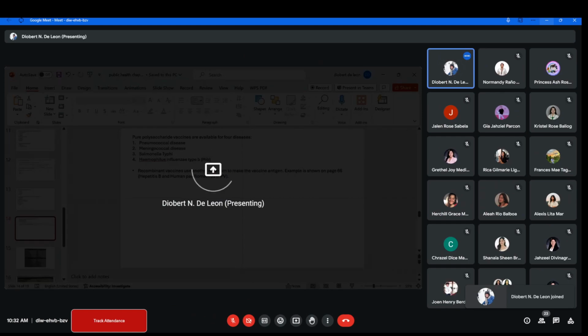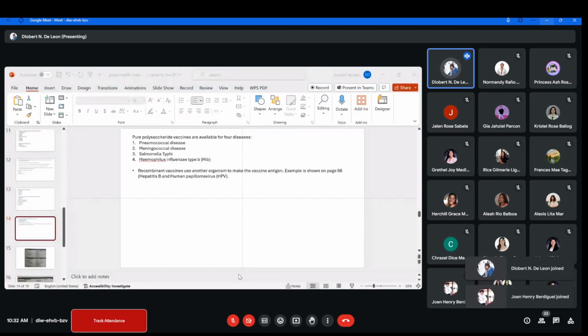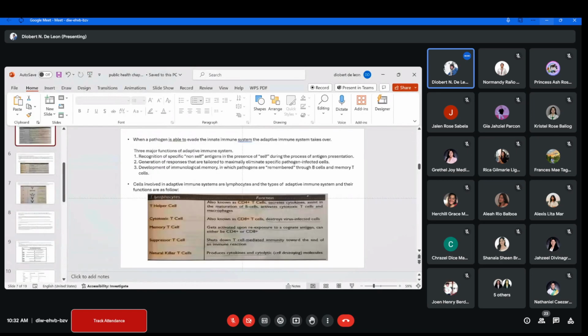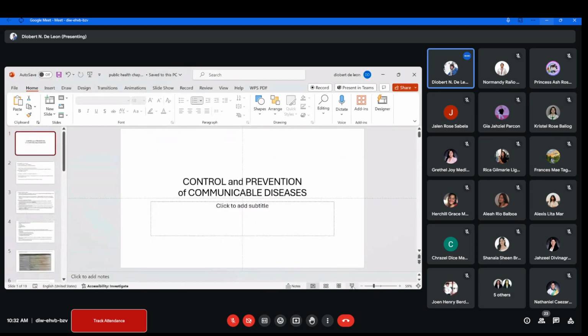Ang saan yung wala? Douglas, maklaro na ang screen.